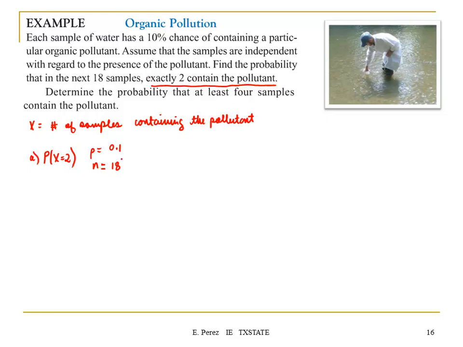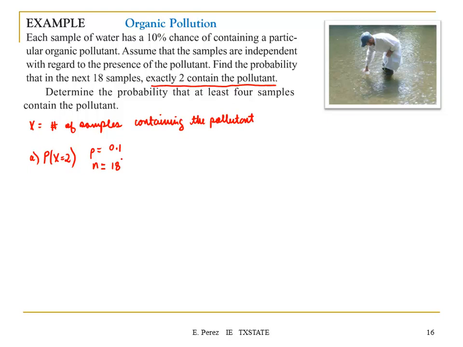So for the next 18 samples, I want to know what is the probability that exactly 2 are contaminated. That's the question. So this is a Bernoulli trial, and we have independent trials, and we can classify these as success. So we can use the binomial distribution.